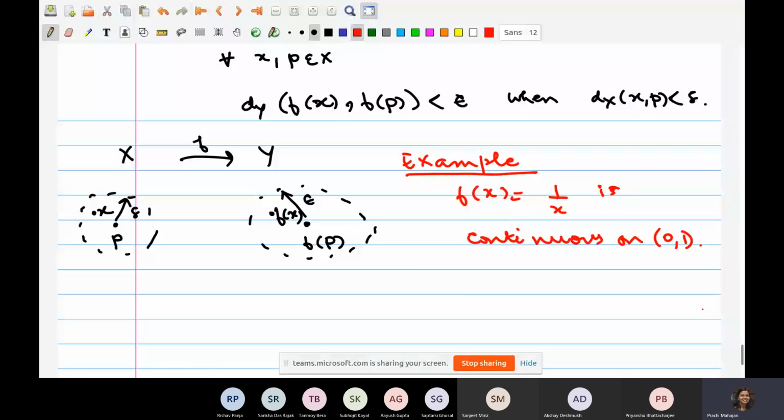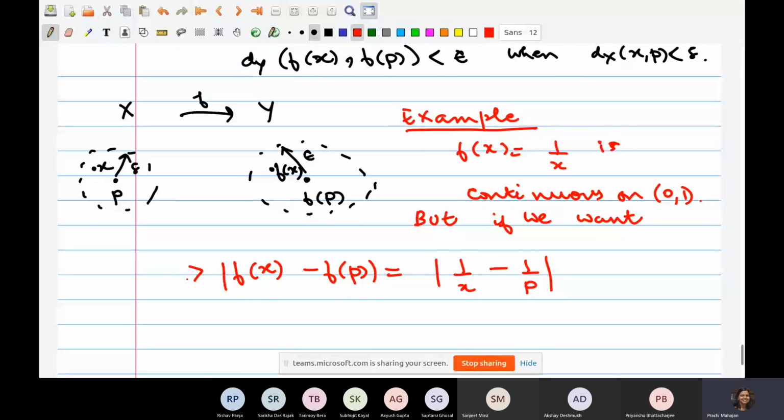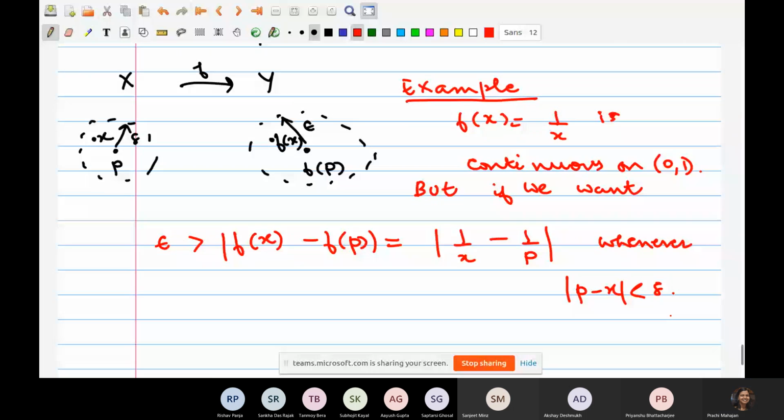But here is a caveat. If we want the distance between f of x and f of p to be less than epsilon whenever the distance between p and x is at most delta, this cannot happen.